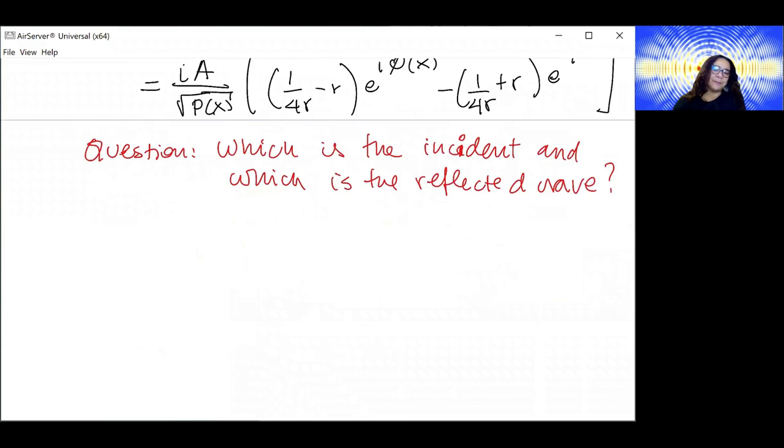What we need to do is calculate the limit, taking x to minus infinity, of both. But I'll do it for e^{iφ(x)}.